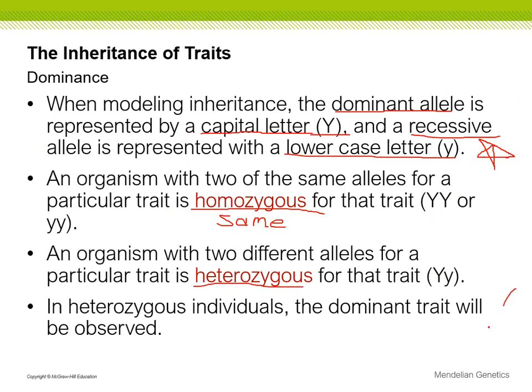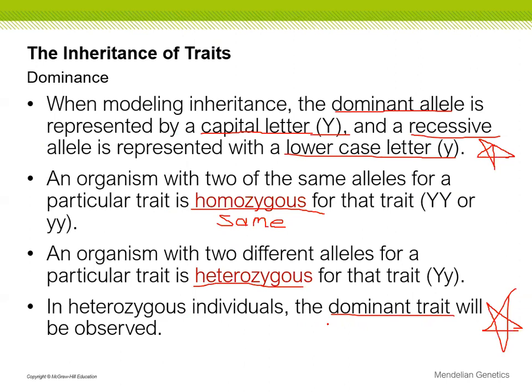The key thing here, though, is that for heterozygous individuals, for mixed peas, when I mix a green pea and a yellow pea, the dominant trait is going to be observed. This is why in that first generation, every single pea was yellow, because they all had a little bit of that yellow gene in it, which takes control.